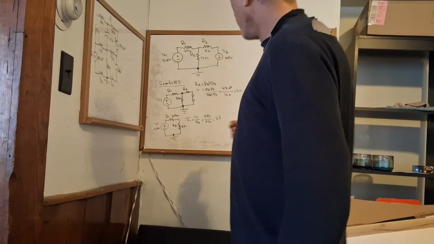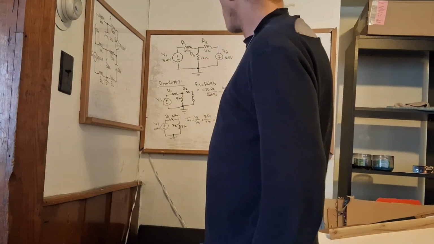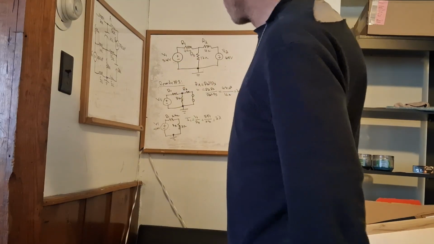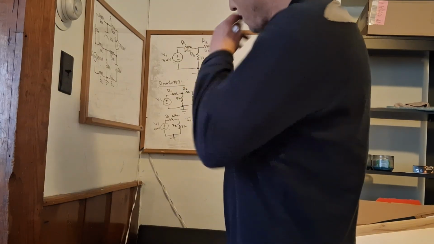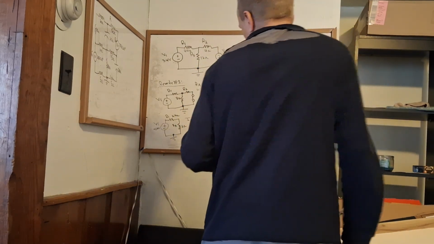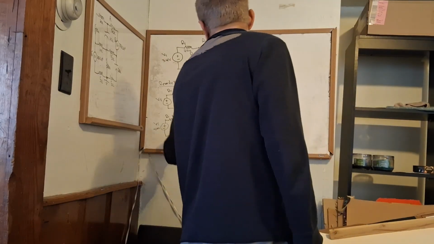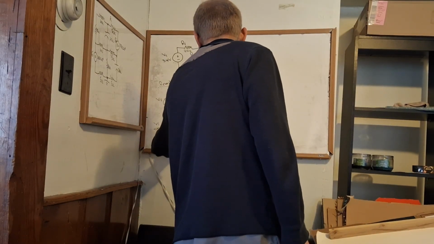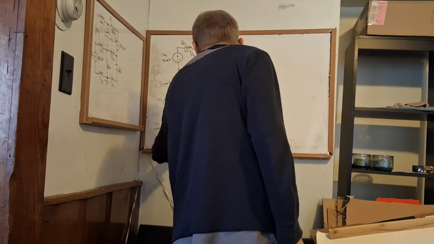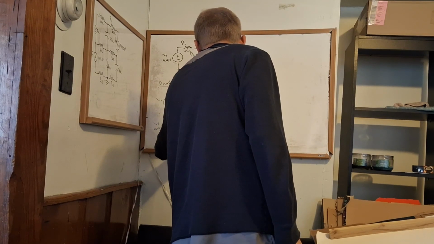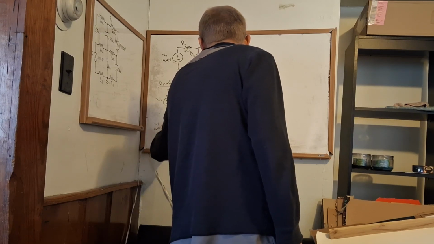So I want to figure out what the current through R3 is, because that's the current we're going to solve for. We're going to figure out what the total current flowing through R3 is, and the total voltage drop on it. We got to look at the parallel circuit to do the R sub A. We can say that the I sub R3 is equal to I1 times R2 divided by RA.